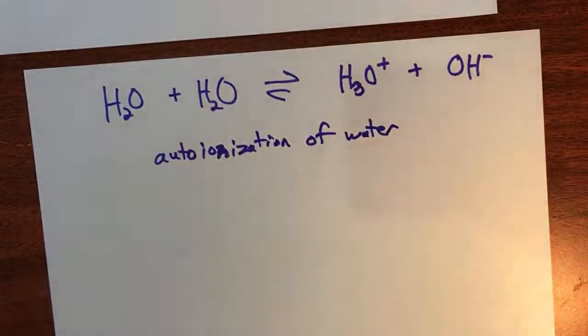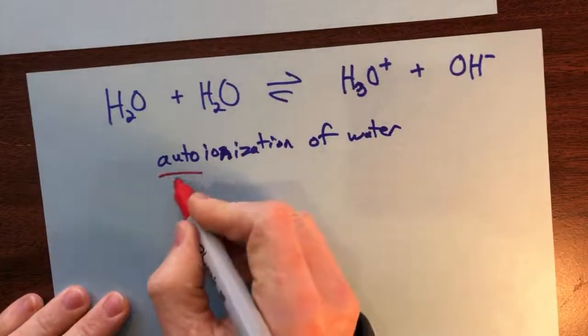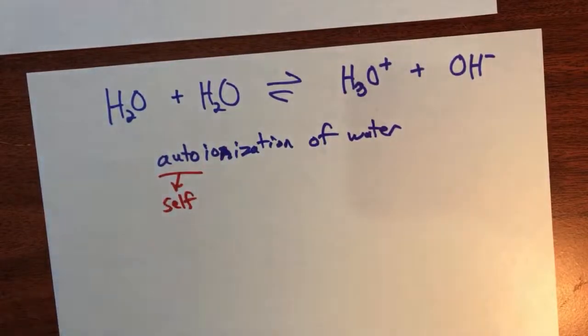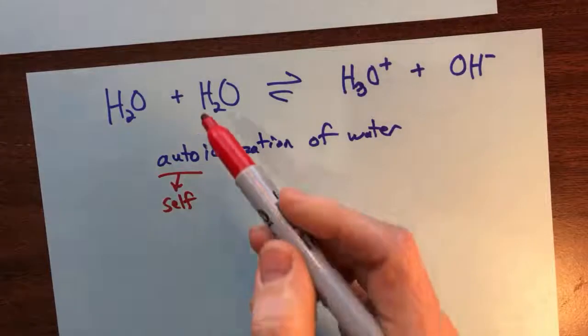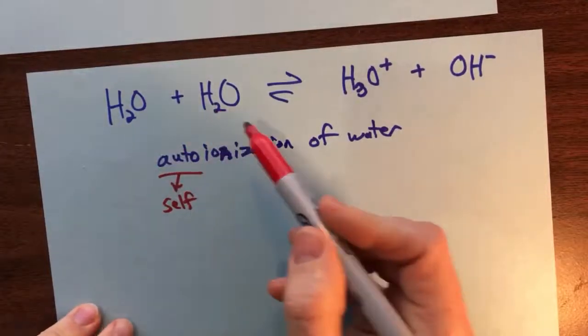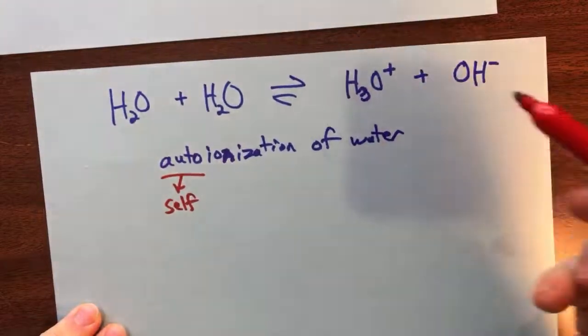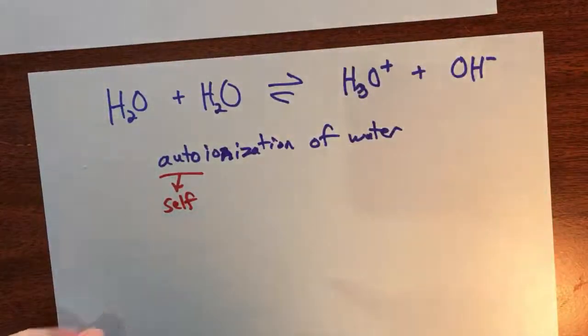Why is that? Auto means self, and we've already learned what ionization means: the splitting up into ions. So water will react with itself and form some amount of H3O plus, which is your acid, and some amount of hydroxide, which is your base.